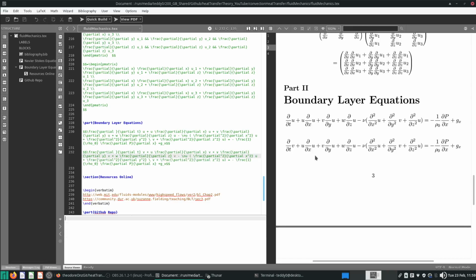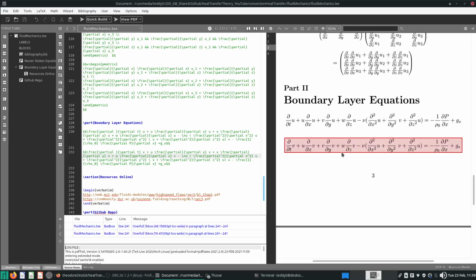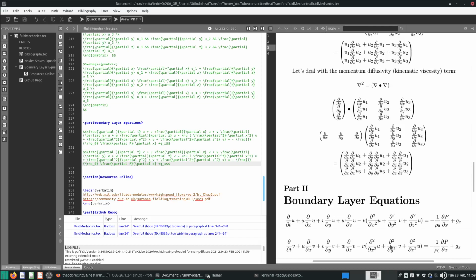Of course, if you want to replace this by the substantial derivative, you can. It's going to collapse it and make it a lot neater. But when you want to start cancelling terms, it's going to be a little bit more annoying. So we have the substantial derivative here. We have the same Laplacian term here, so it's going to be exactly the same.